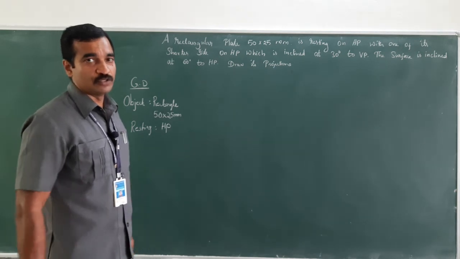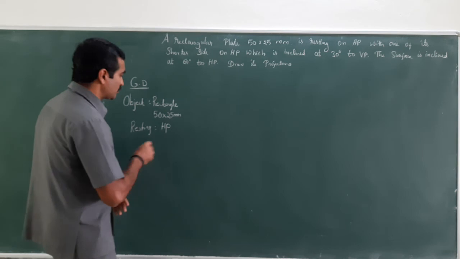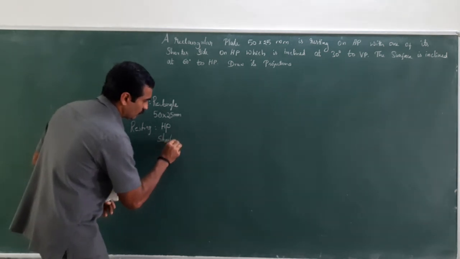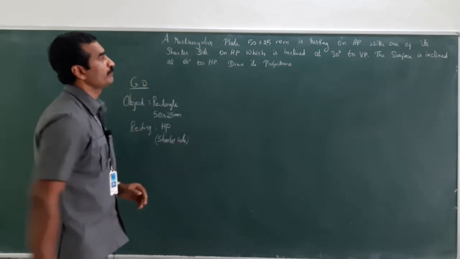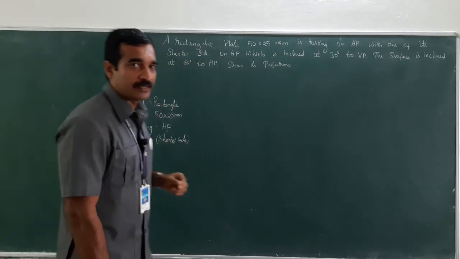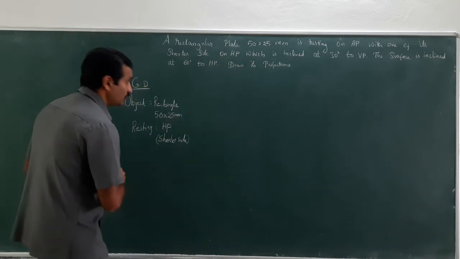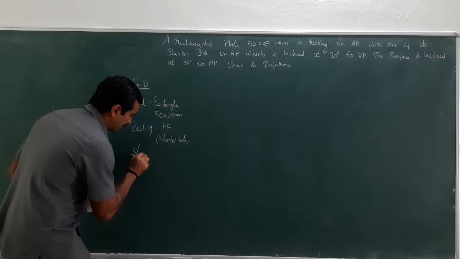So it is a rectangle, with a longer side and a shorter side. It is resting with one of its shorter sides, and that shorter side is inclined at 30 degrees to VP.